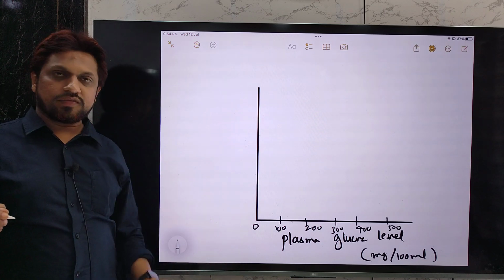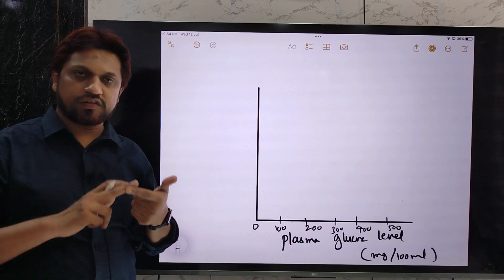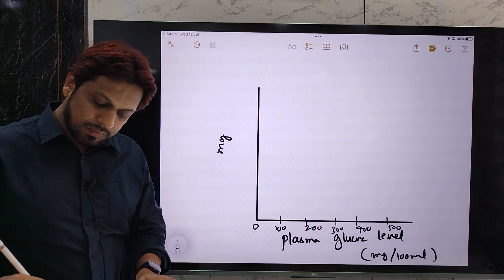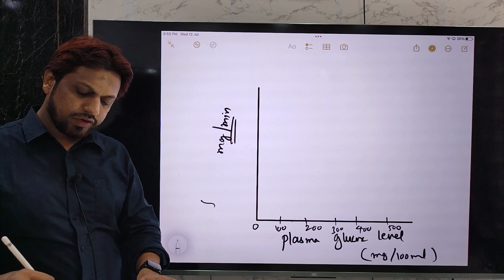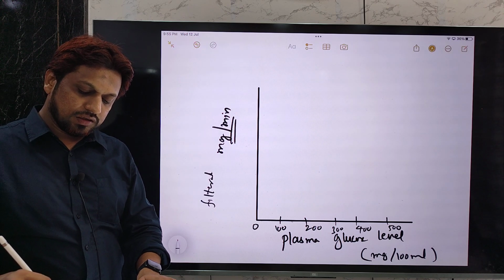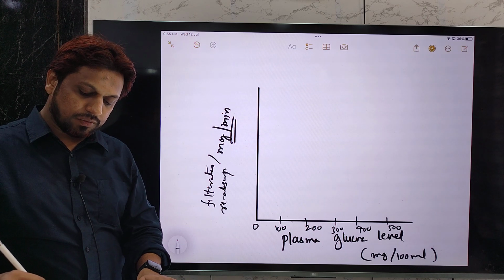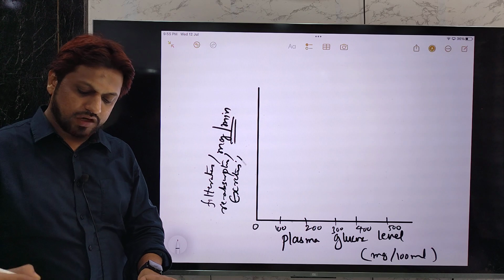On the y-axis, I will be drawing the filtration rate of glucose, the excretion rate, as well as the reabsorption rate. Rate means milligram per minute. So I will be drawing the filtration rate, then the reabsorption rate, and finally the excretion rate. Okay, we are going to draw 3 graphs.